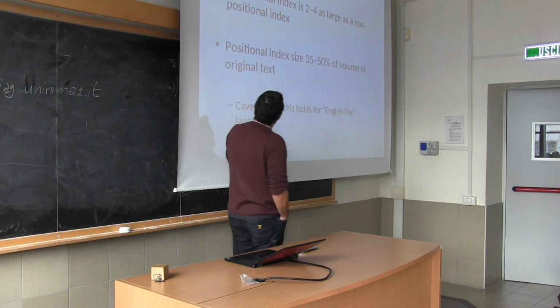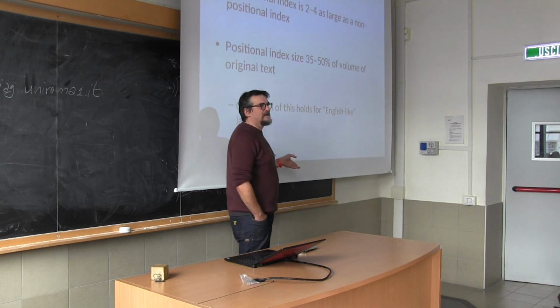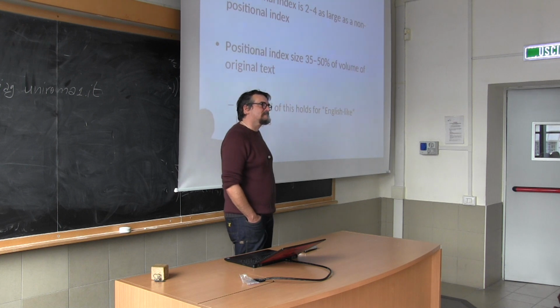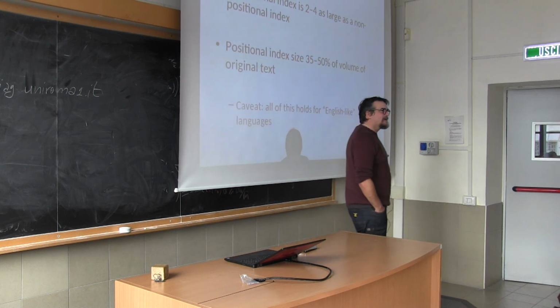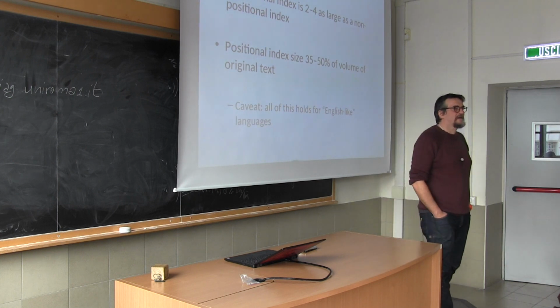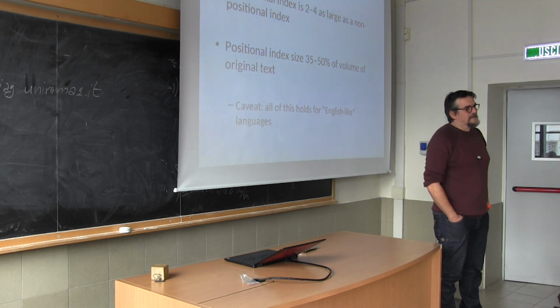Now, here there is a caveat. This holds for English-like languages. Why are we talking about English-like? Languages that are more concise and have less variation among genders and stuff like that.